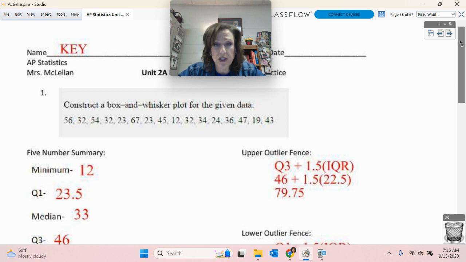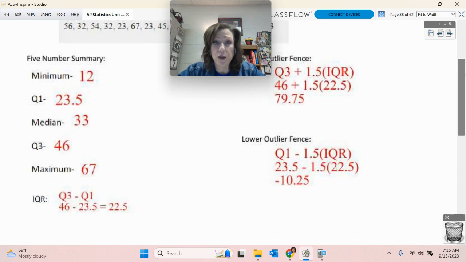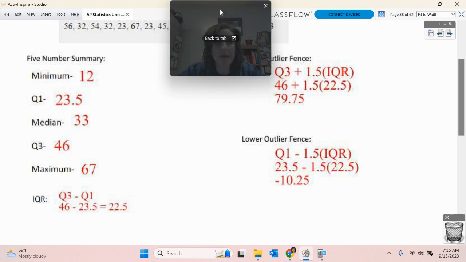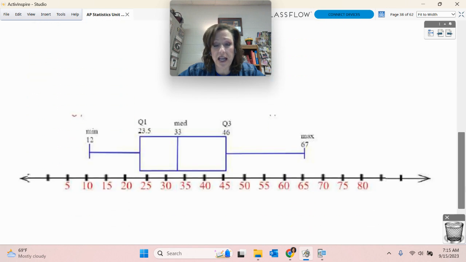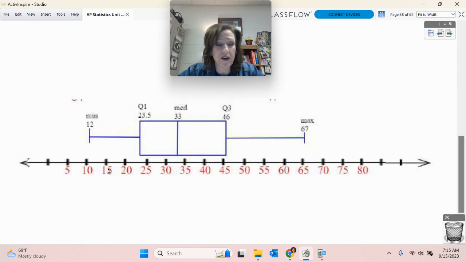When you do your graphing, if you do not end up containing the fences, that's okay. What has to be contained and what has to count in your data is the data set. So I need to make sure I go from at least 12 up to 67. Okay, I did not have to include the outlier fences.